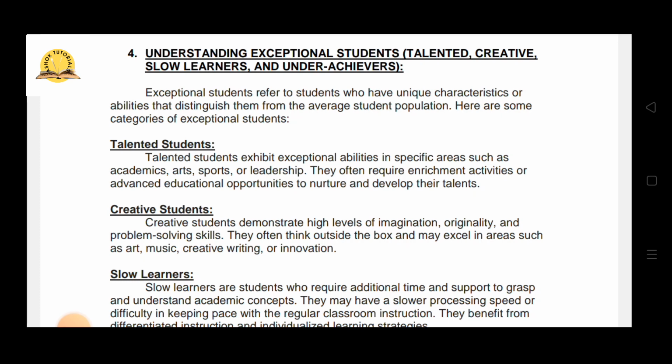It cannot be only a single academic performance. They often require enrichment activities or advanced educational opportunities to nurture and develop their talent. These people who are gifted or exceptional or talented, they like challenges. So they always want something or the other in order to advance their skills, right?